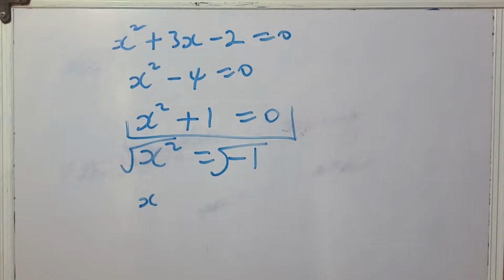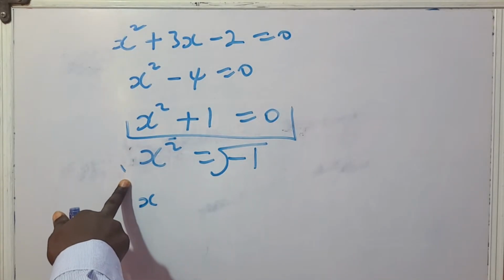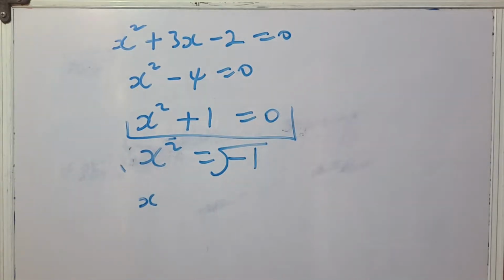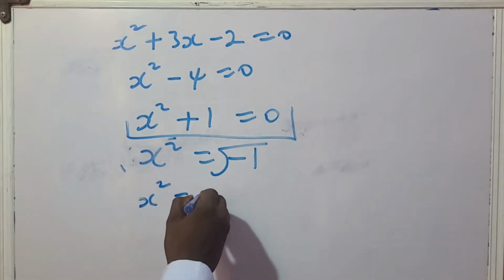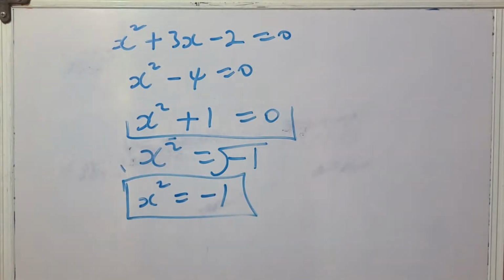This is what gave birth to the topic we call complex number. Because x squared being equals to minus 1 will not be able to be solvable using every one of the general quadratic methodology.